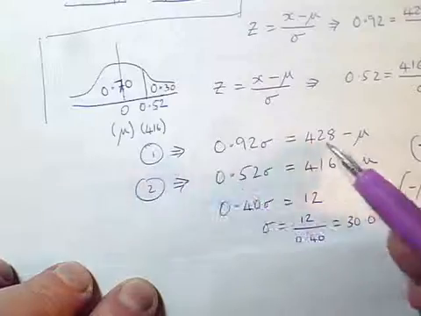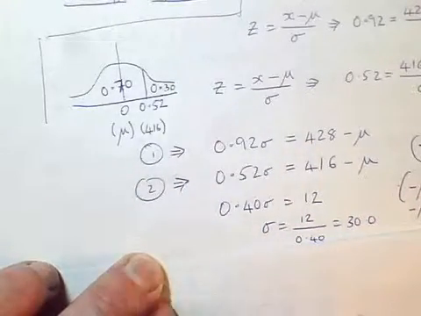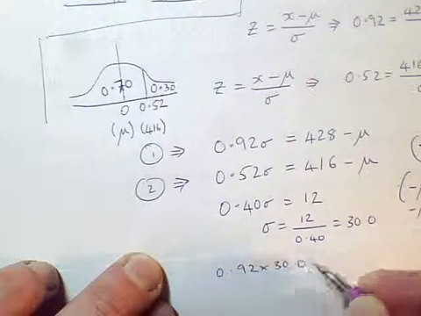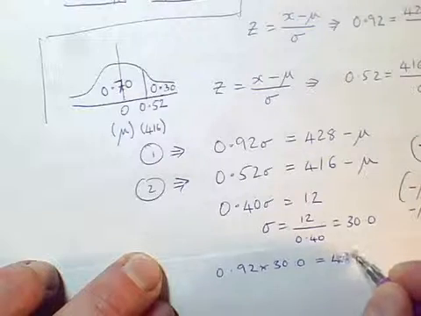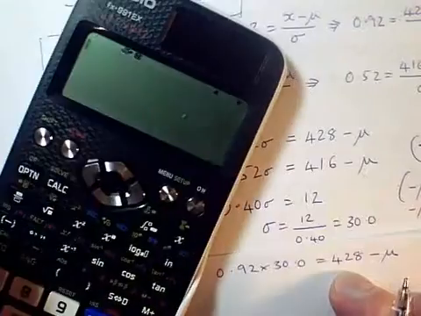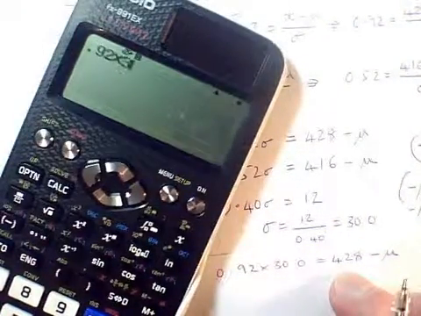I might as well put it into this equation 1. So I'm substituting in sigma equals 30. So I need to do 0.92 times 30.0 equals 428 minus mu. So on my calculator, I'm going to do 0.92 times 30.